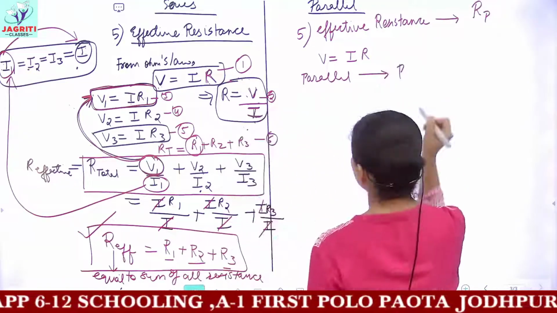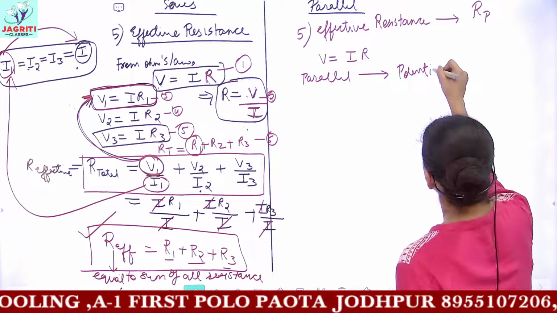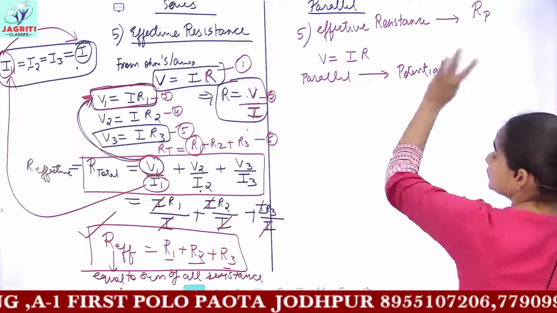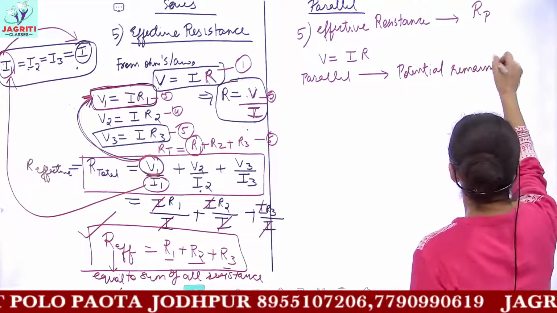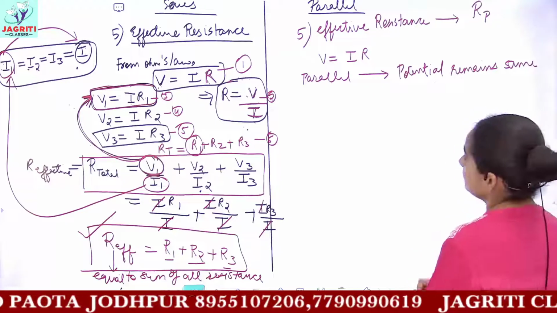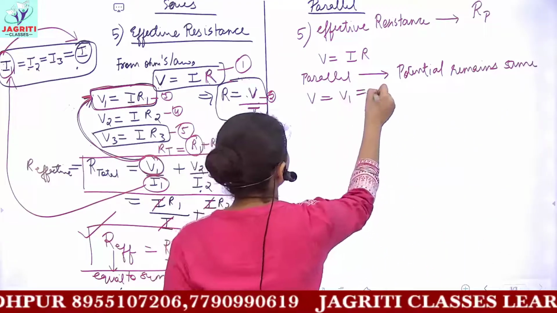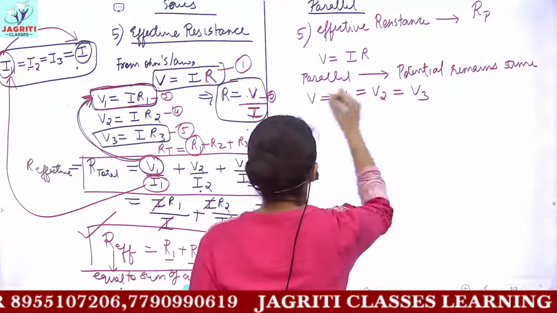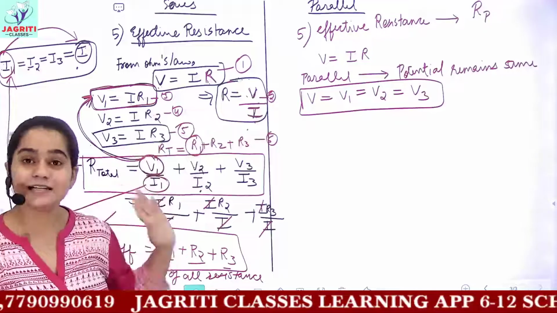Yes, potential. Remember that in parallel combination, P means potential remains the same. It means the potential V is equal to V1, which is equal to V2, which in turn is equal to V3, V4, etc. This we discussed in our last slide.